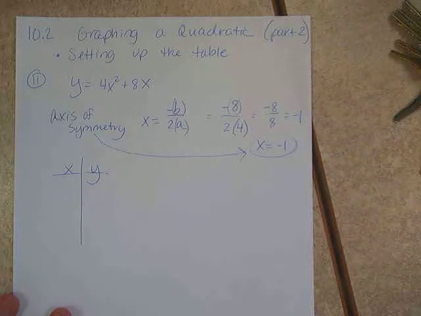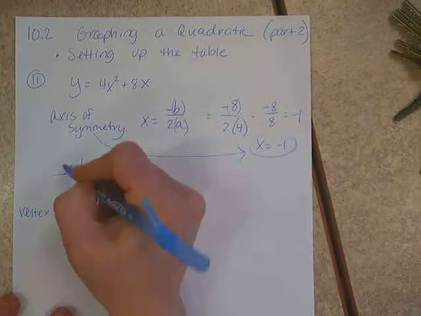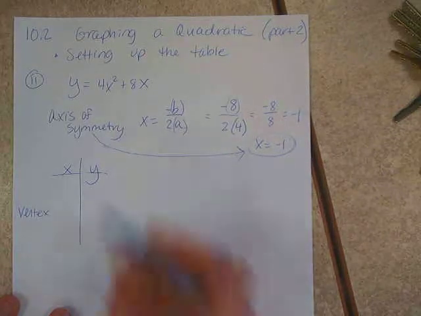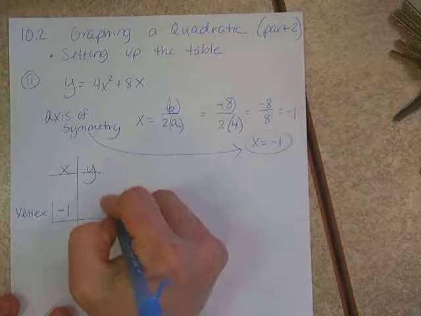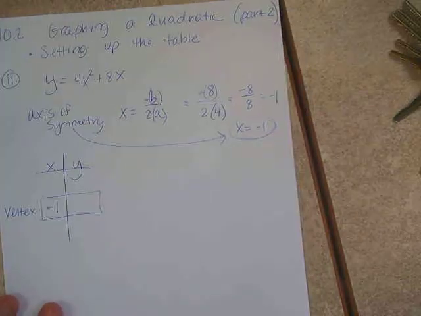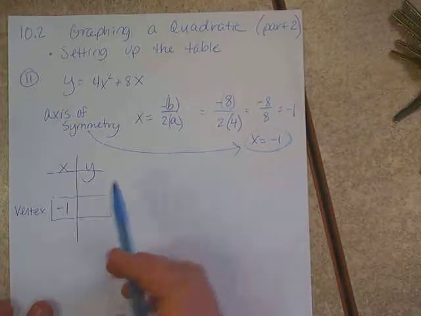And that value right there, since it is part of our vertex, is going to go in the center. So leave a couple spaces above. We're going to put negative 1 in the center of our table because that will be the vertex once we find y.